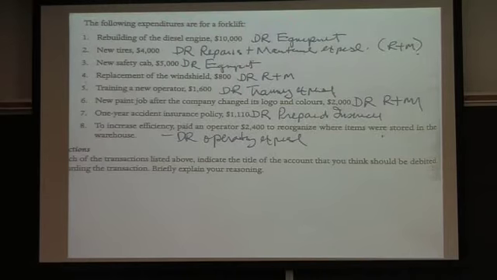If the expenditure enhances those criteria, then we need to record it as an asset, as part of the cost of that asset. But if the expenditure does not extend the usefulness of the asset or make it more productive, and it's part of a normal recurring type of activity, it's normally an expense.